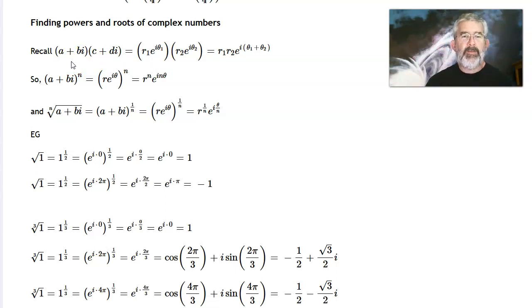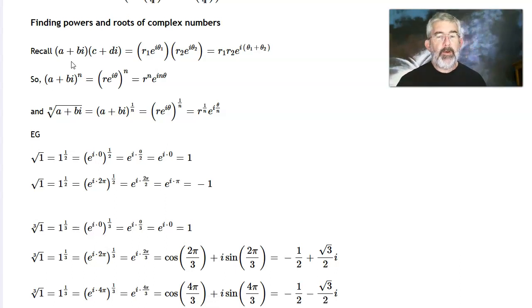It's ac minus bd is the real component, and bc plus ad is the imaginary component. Anyway, it's not at all obvious that what you've done is multiplied the lengths and added the angles. But when you do it in polar form, it is immediately obvious that it works.